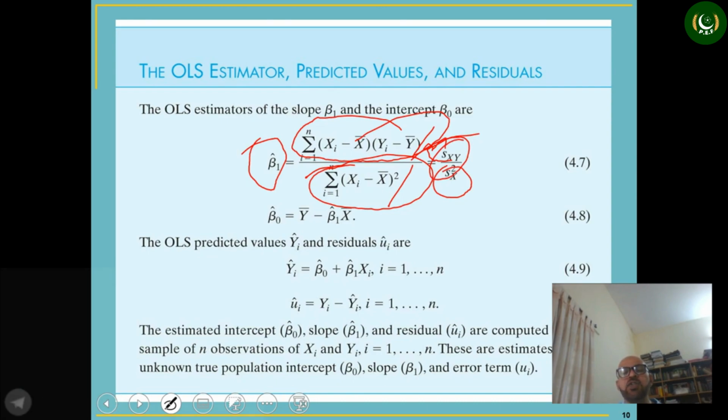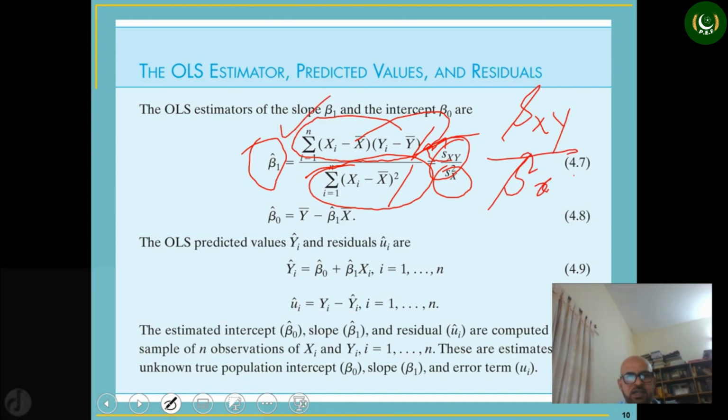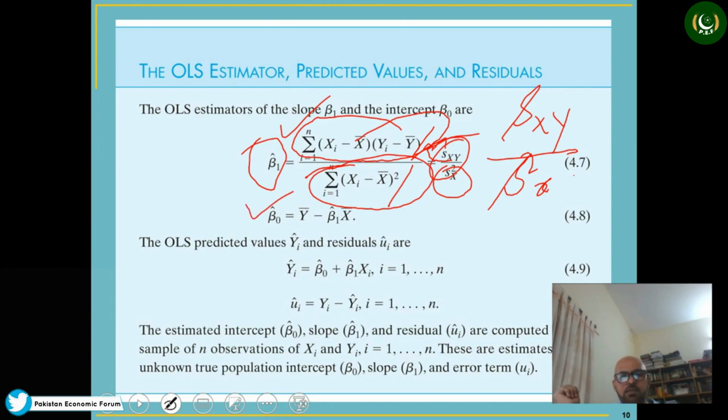So beta 1 hat is the covariance between x and y divided by the variance of x. Beta naught hat is equal to y bar minus beta 1 hat x bar.